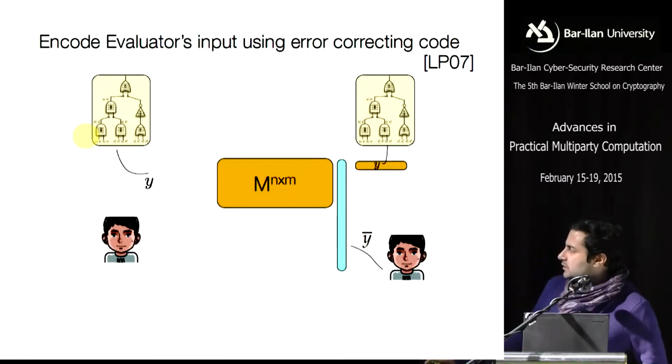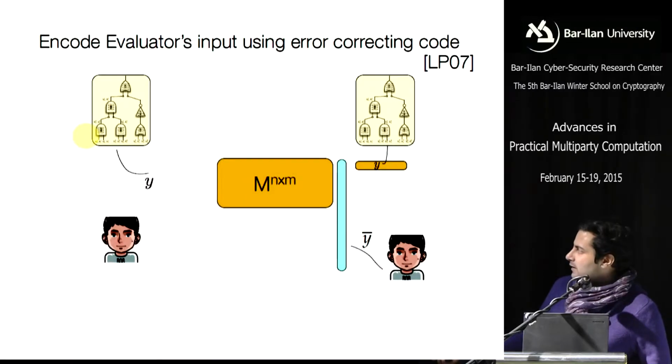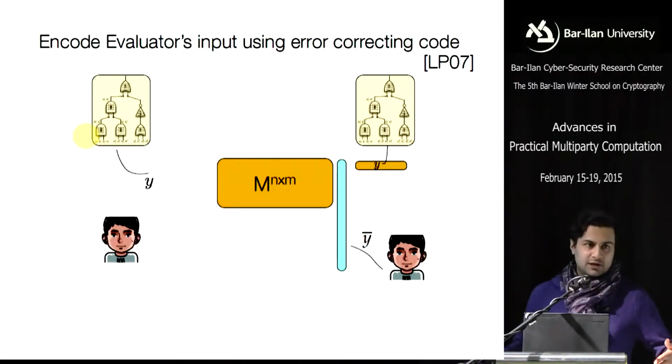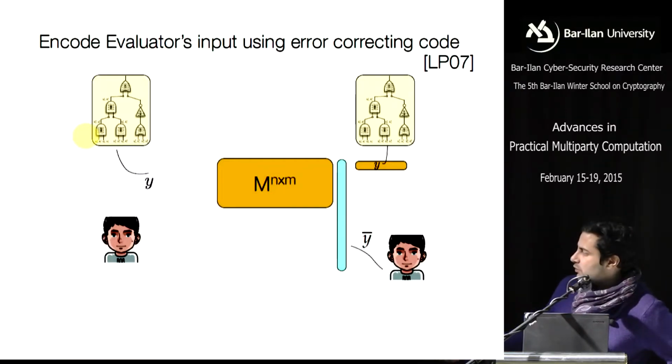And Bob is going to use this, and then we're going to augment this circuit so that this circuit, now this was yellow, a very pale shade of yellow, and this darker yellow is what is added to the circuit. So we're going to make an addition to the circuit which takes Bob's input, multiplies it by this matrix M, which will then decode this y bar into a y.